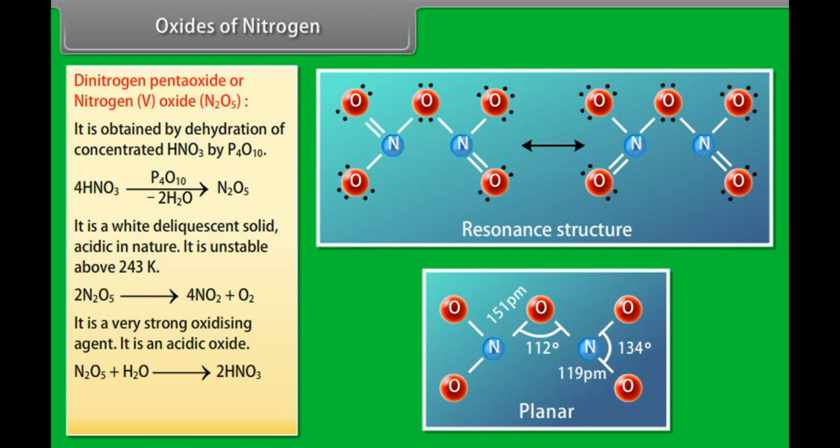It is a very strong oxidizing agent. Many organic substances burst into flames on coming in contact with it. It is an acidic oxide. It is anhydride of nitric acid and forms salts called nitrates.